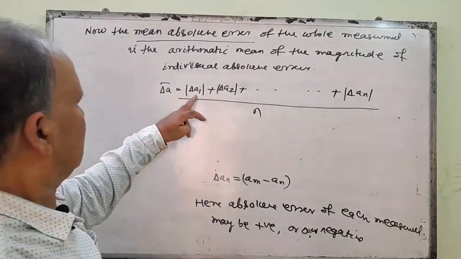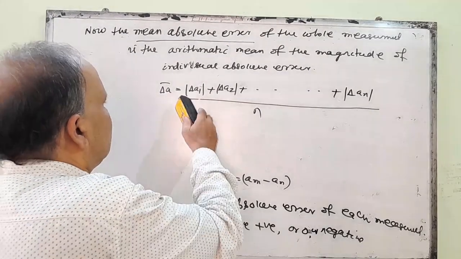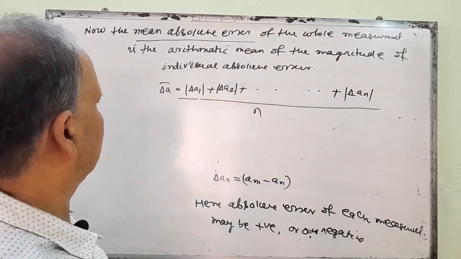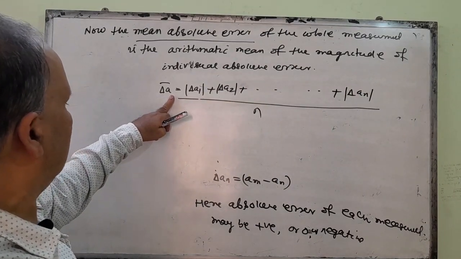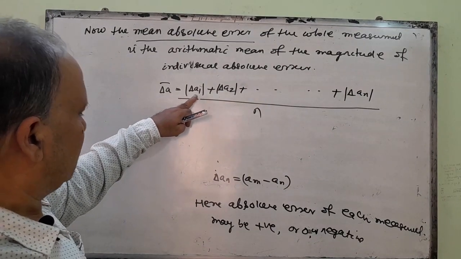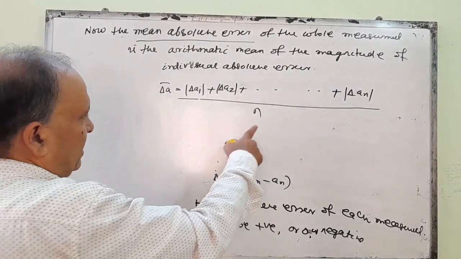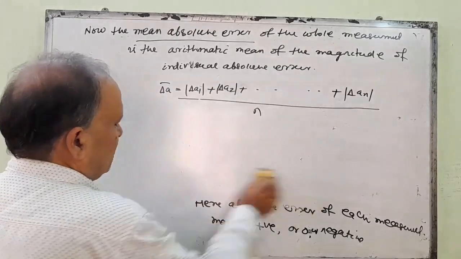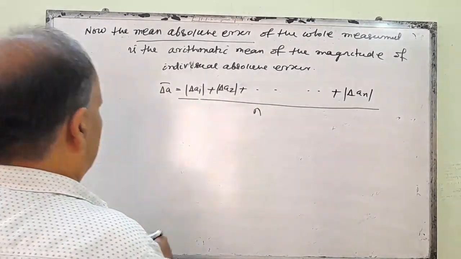That means if you take mod of all these absolute errors, these are all positive. So delta A bar, this is the mean absolute error of the measurement. This is the mean absolute error of the whole measurement.